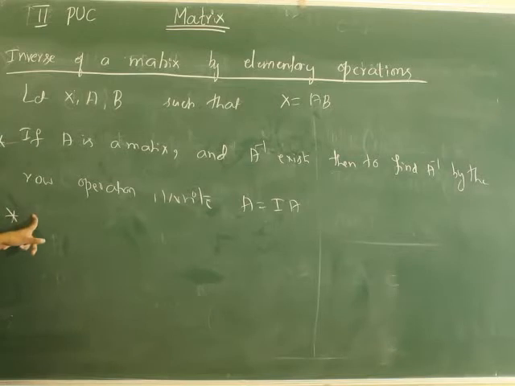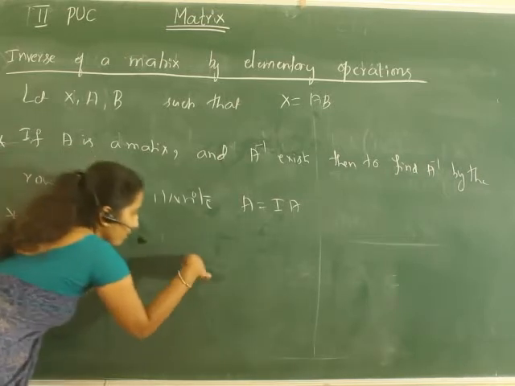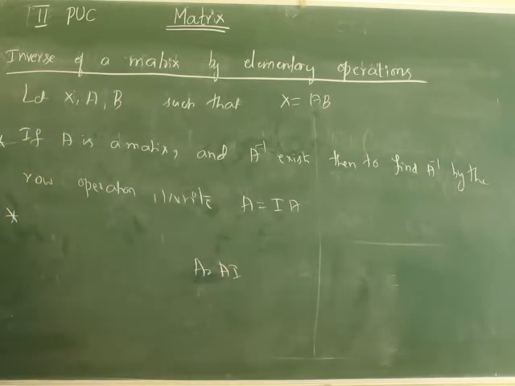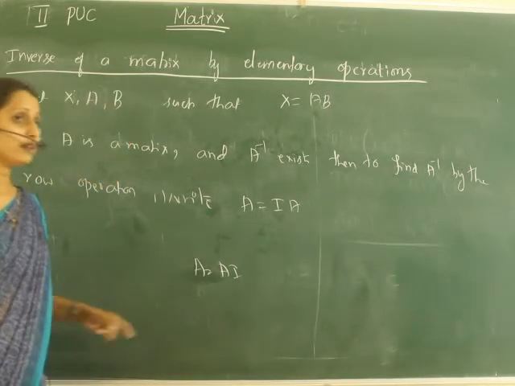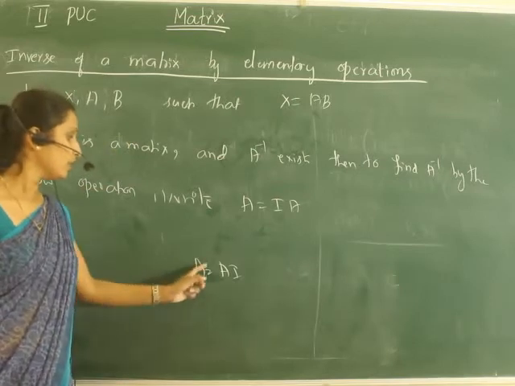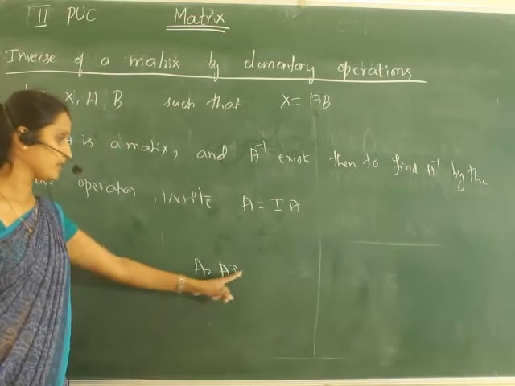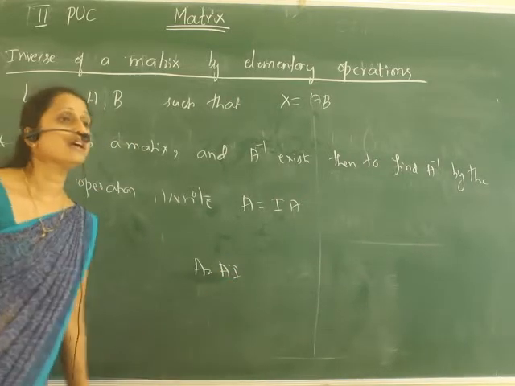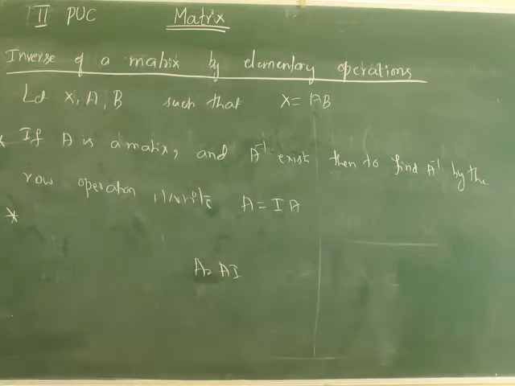Next point: if A is a matrix and A inverse exists, then to find A inverse by the column operation, we write A is equal to A into I. The given matrix can be written as AI, and we perform the column operation on the first matrix A as well as on the second matrix I. So from this we can get the inverse of the given matrix. These are the two types of operations, one is the row operation and the other is the column operation.